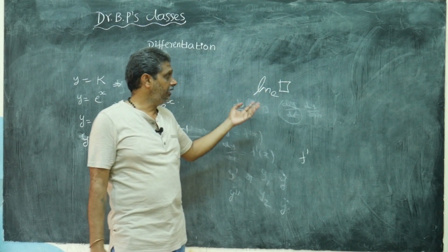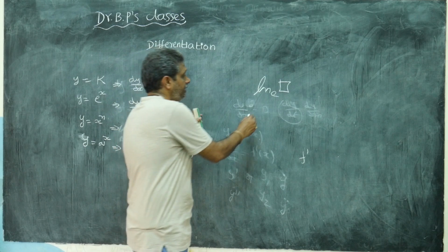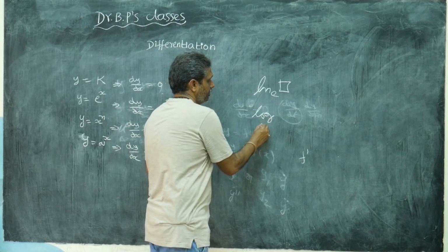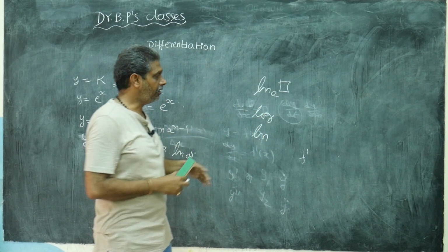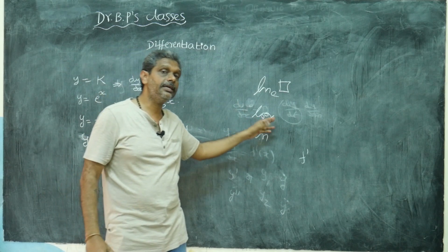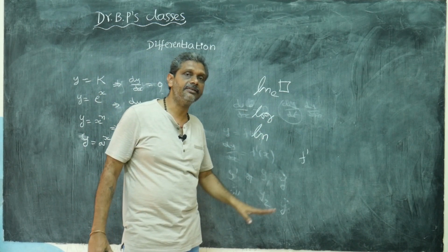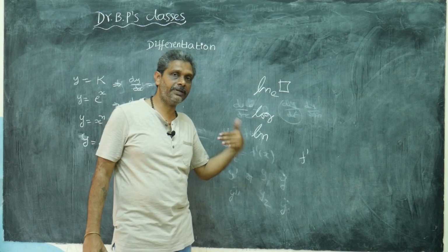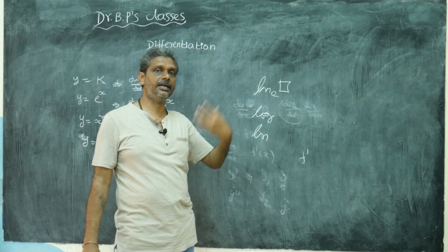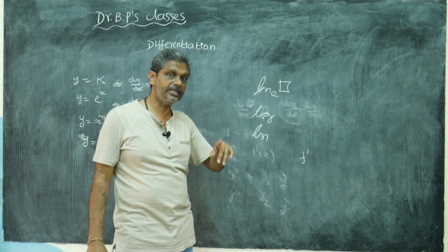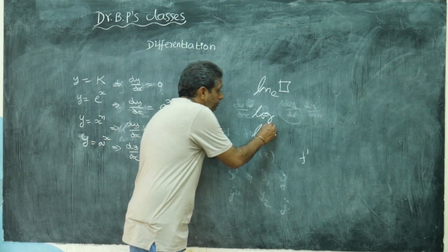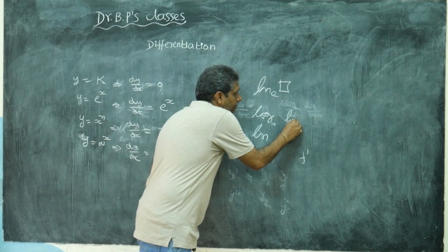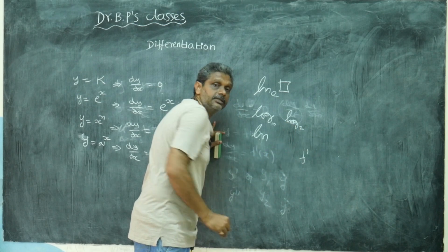Another thing: if I write either log or ln and I am not mentioning the base, it is taken for granted that the base is e. Other than base e, you have to mention log base 10, log base 2 and so on, whatever it may be.